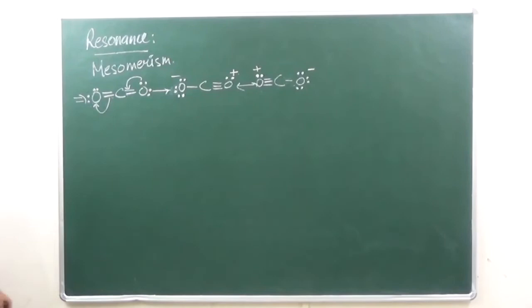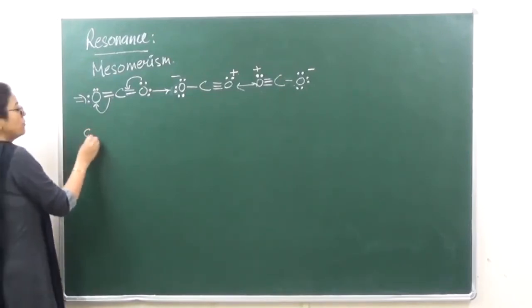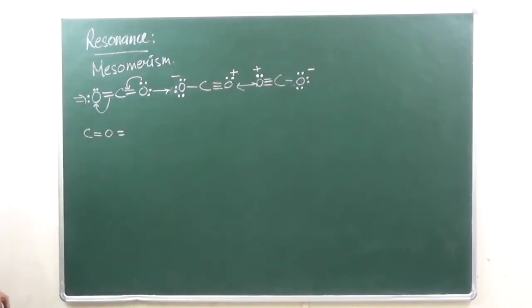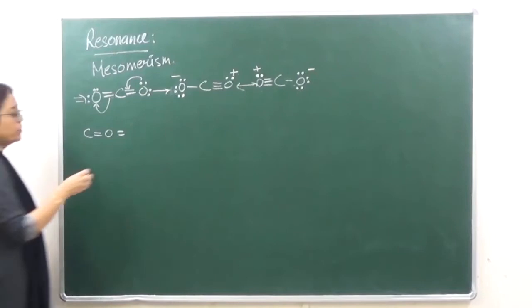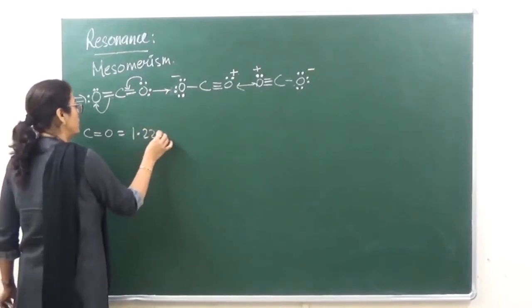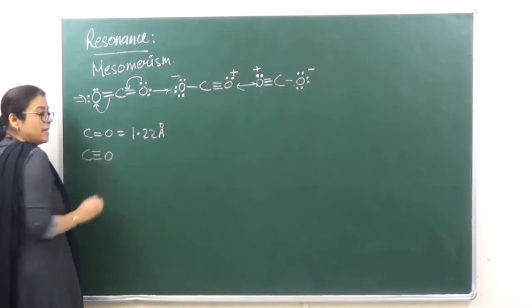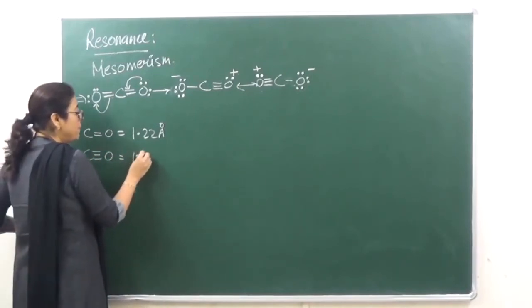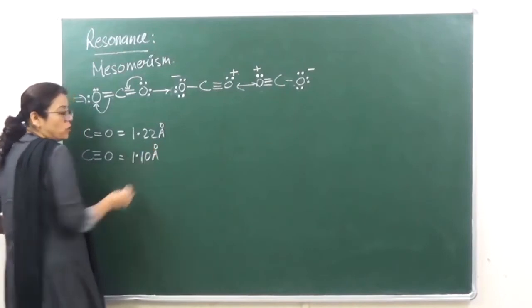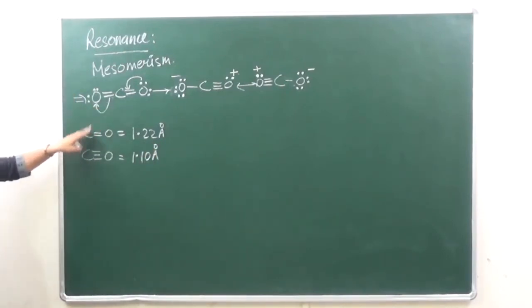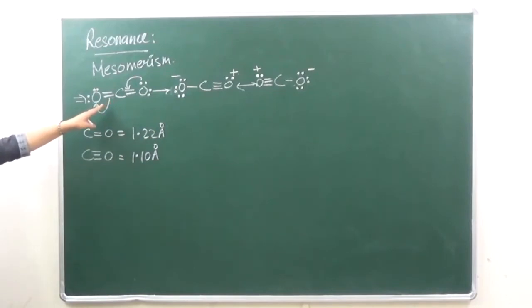When we are looking at the bond lengths of these molecules, the bond length of C double bond O is 1.22 angstrom, and that of C triple bond O is 1.10 angstrom. Okay, so looking at the structure over here, because both are double bonds, the bond length should be 1.22.